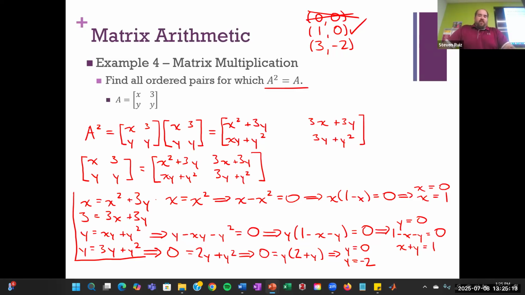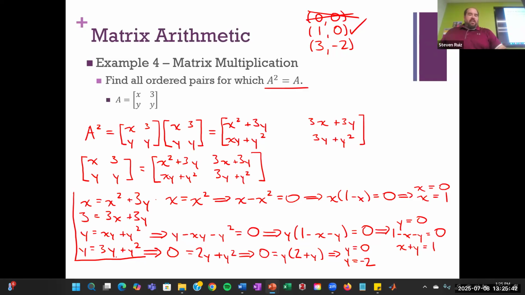I think that top equation is fine. I think the second equation is also good. No, because I combined.